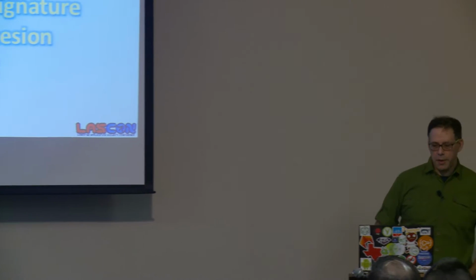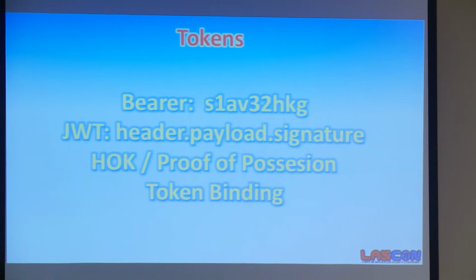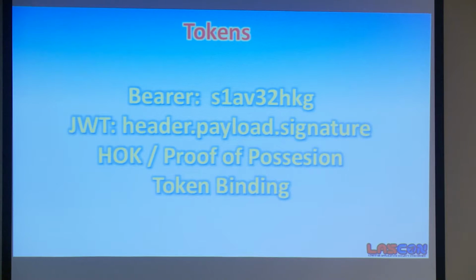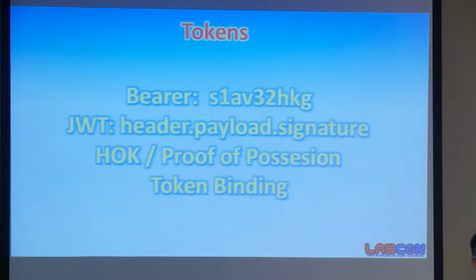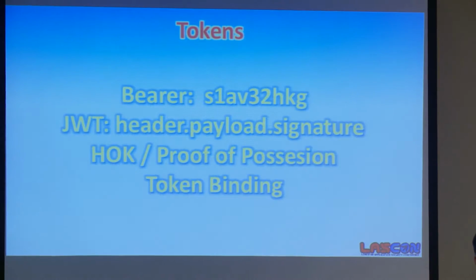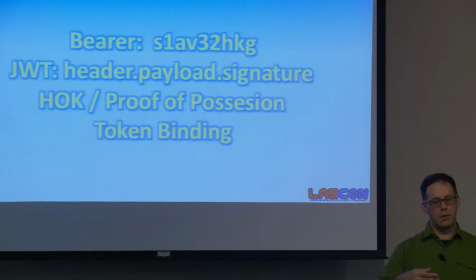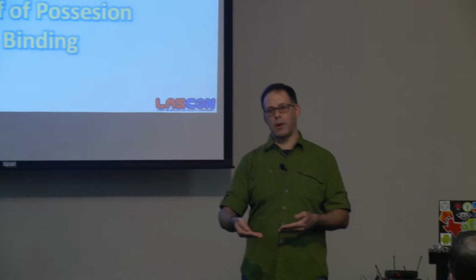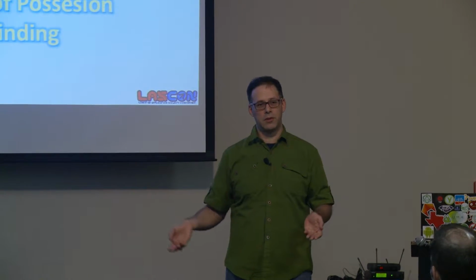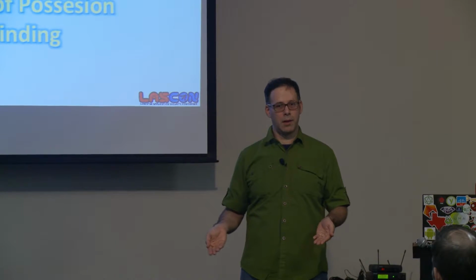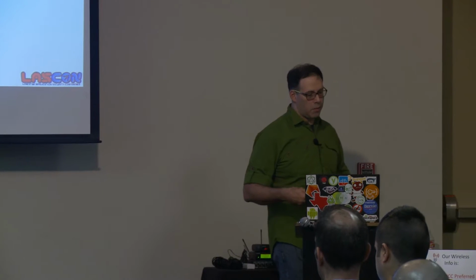There's other kinds of tokens. So holder of key or proof of possession tokens are more secure. These require the possession of some cryptographic key in order for the receiver of the token to validate them cryptographically. That means if the tokens are stolen, they won't do the attacker any good. So they're more secure, but it adds some more complexity.